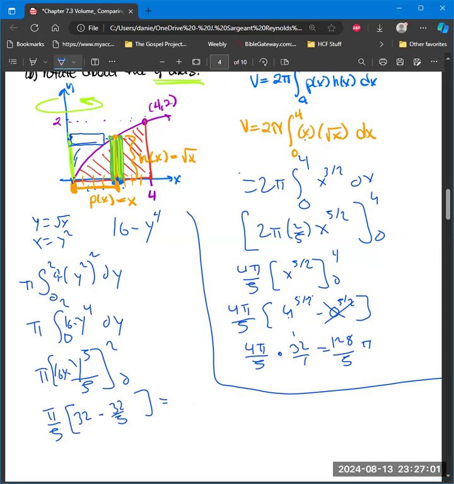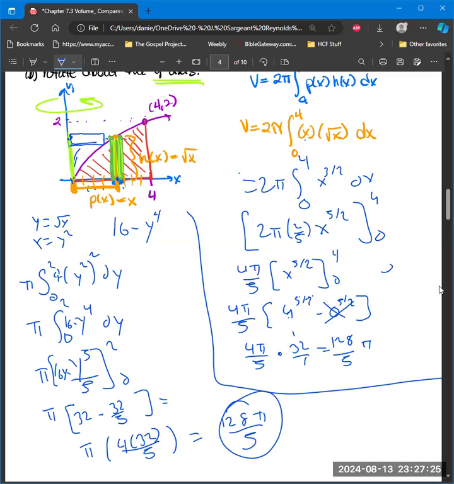That's going to be pi times 4 times 32 over 5, which is 128 pi over 5, and I get the same thing both ways.